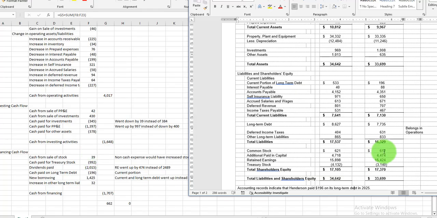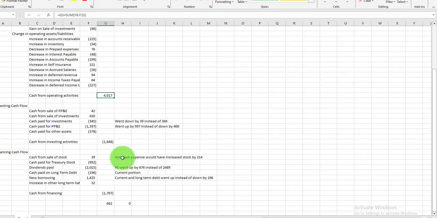We always consider common stock and additional paid-in capital together, because we always do that when we sell new stock, and we can figure out that change, which is 252. It went up by 252.